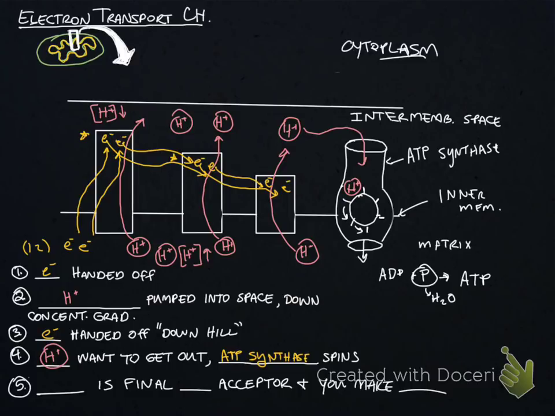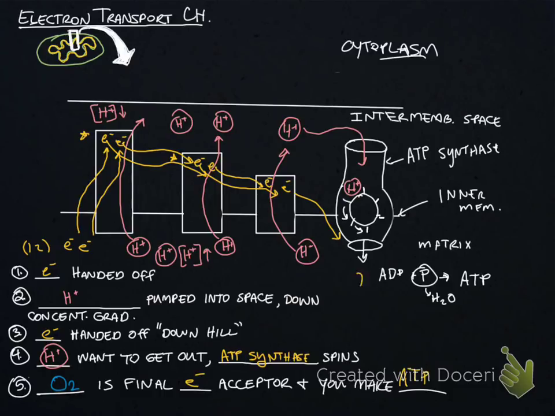So who is going to be the final electron acceptor? It actually is oxygen. Oxygen is the final electron acceptor, and you make ATP. Okay?